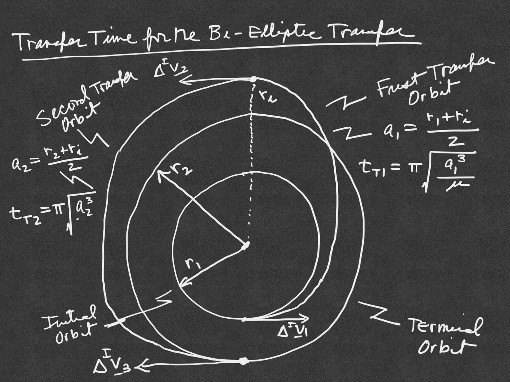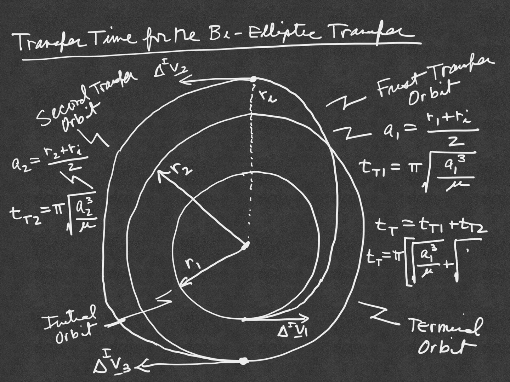So now we have that result along with the first result, which means the total transfer time, t sub t, is equal to t sub t1 plus t sub t2, which is equal to pi times the square root of a1 cubed over mu plus the square root of a2 cubed over mu. And this last result provides the transfer time for the bielliptic transfer.